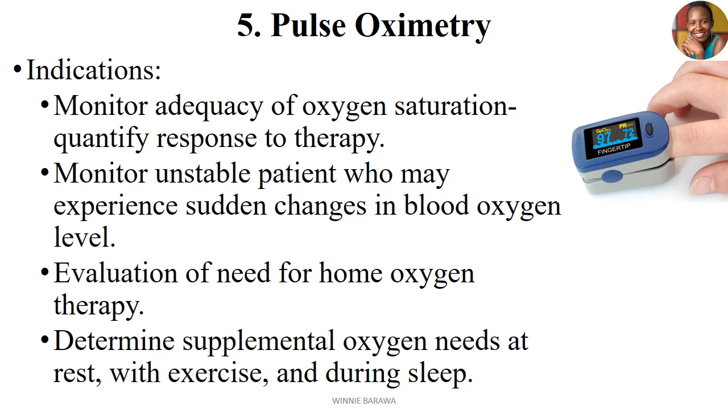So these are all different indicators you can use to evaluate the need for pulse oximetry in our patients. But the main thing is that pulse oximetry is a tool that gives us the level of oxygen saturation in our blood system. So you fix it on a fingertip, or you can fix it on an earlobe for children, if you want to determine the level of oxygenation.